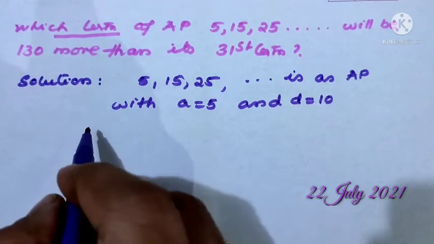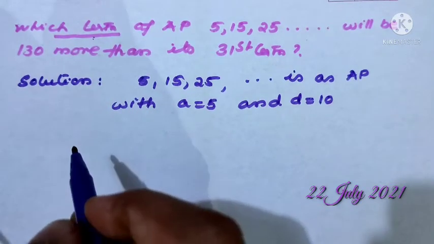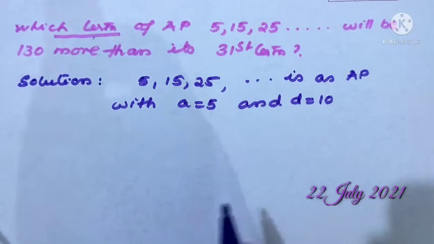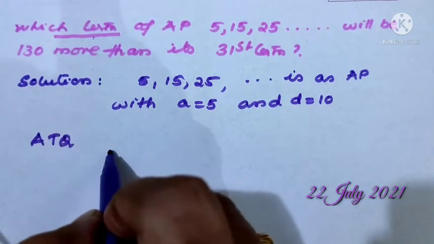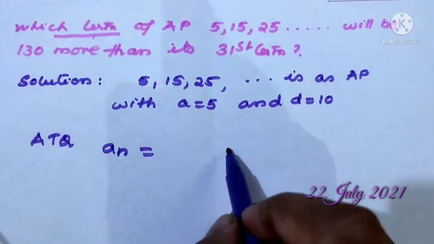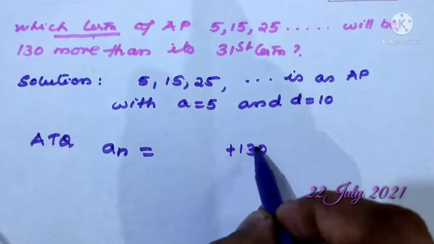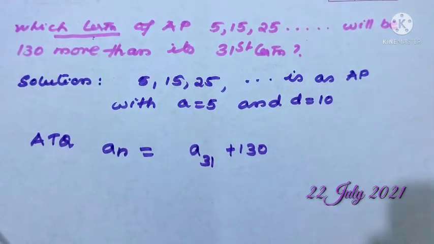Now we let the term will be, which term is asked, that it is nth term. So according to the question, An will be equal 130 more than 31st term. So A31 we have written.